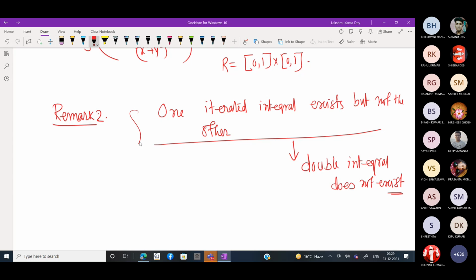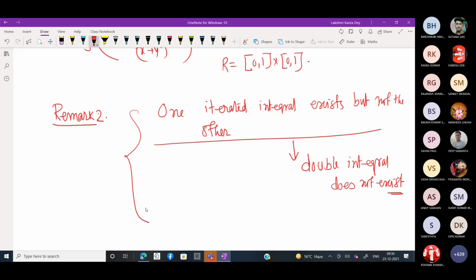You see, this is also happening. If you see the statement of Fubini's theorem, it can also happen that one of the iterated integrals exists, but both the double integral and the other iterated integral may not exist.